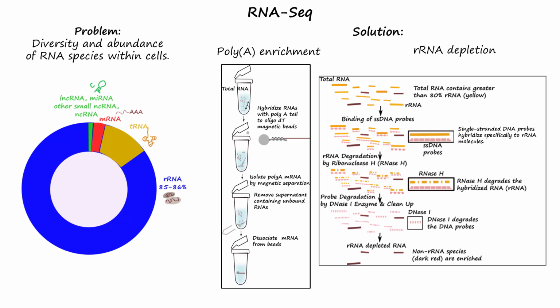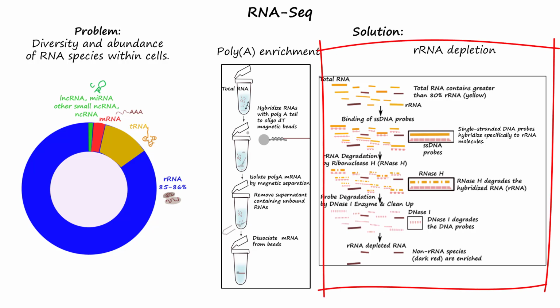To address this, RNA-seq workflows commonly use either poly-A enrichment, which selects for polyadenylated transcripts, or rRNA depletion, which removes ribosomal RNA while retaining both coding and non-coding RNAs like long non-coding RNAs, small nuclear RNAs, and microRNAs.